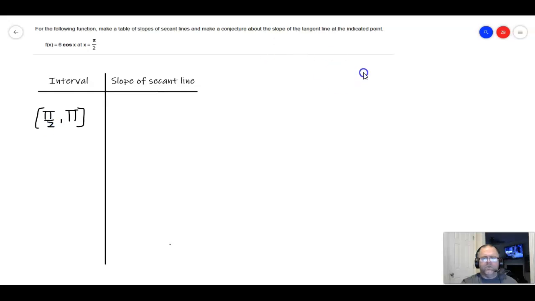And remember, our formula for the slope, which I'm going to put over here, is y2 minus y1 all over x2 minus x1. And we're going to check this slope for each of our intervals here.